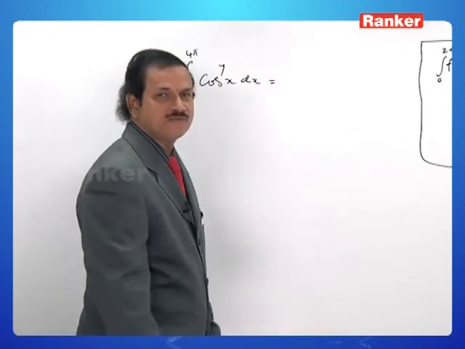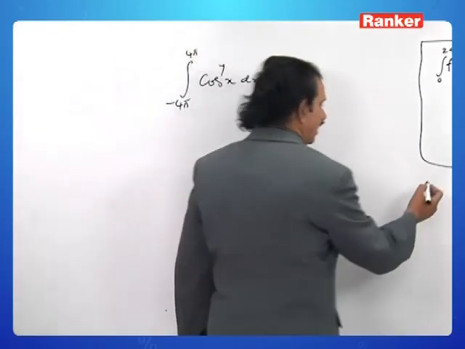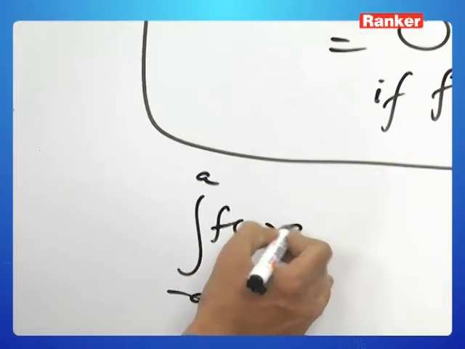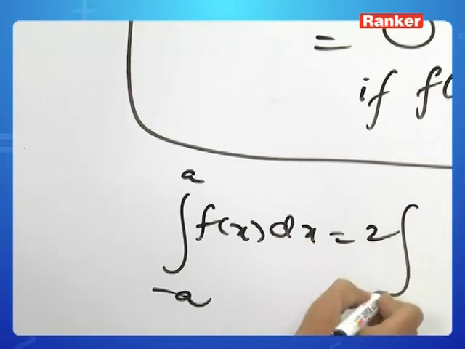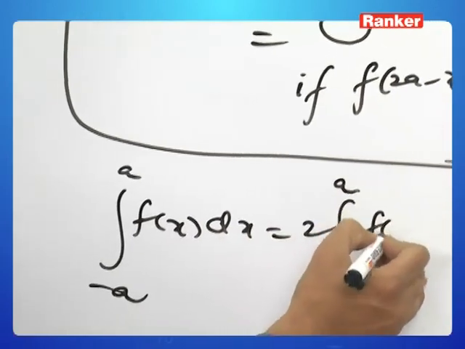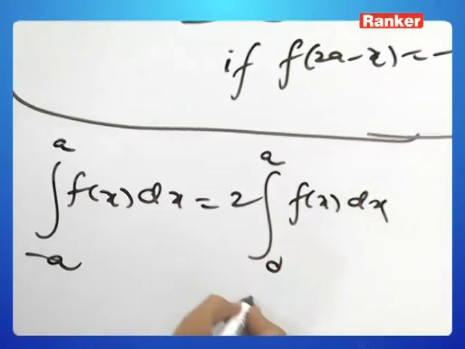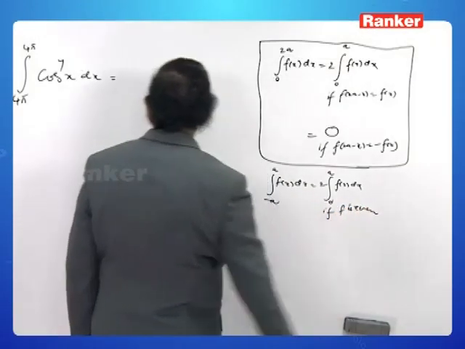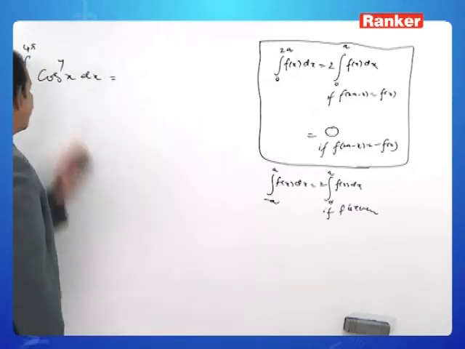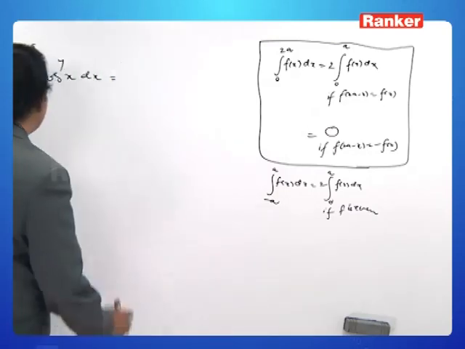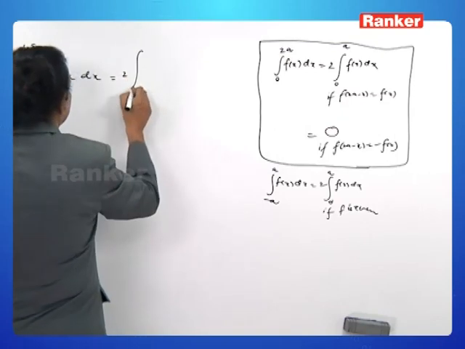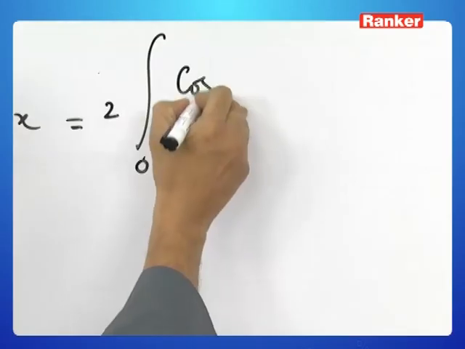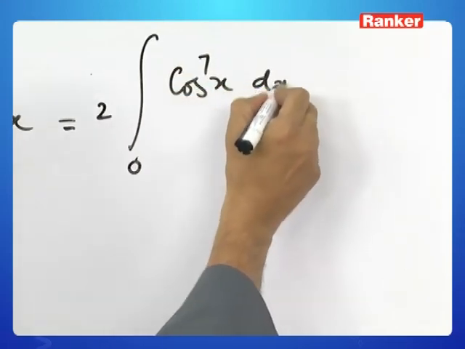As it is an even function, by encashing the formula integral minus a to a f of x dx is equal to 2 into integral 0 to a f of x dx, provided f is even. Okay, cos power 7x is an even function, hence we can write this as 2 into integral 0 to 4 pi cos power 7x dx.